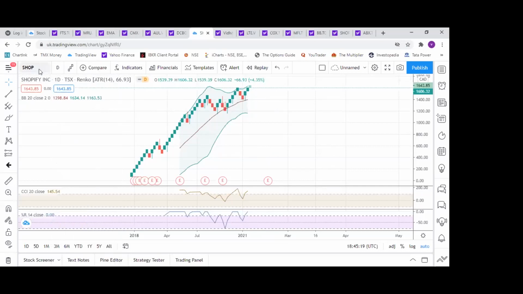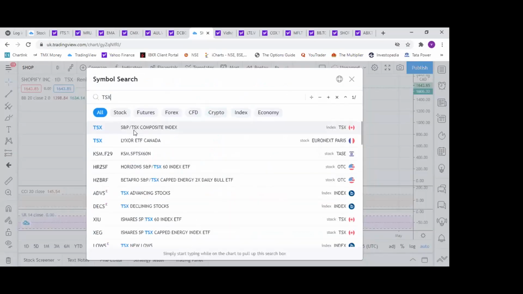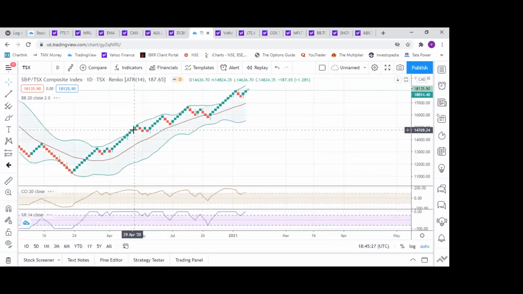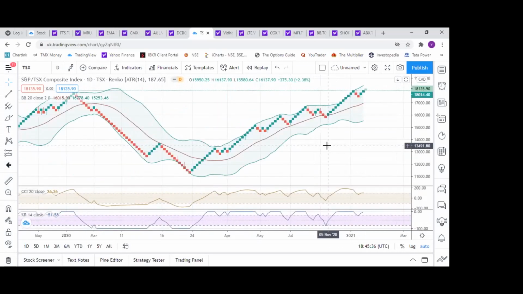Now, assumingly, if I am not doing Shopify, let's say your index, if I'm doing index trading, if I'm doing index on TSX, 23rd of March, red Renko, 24th of March, green Renko, the high is 11,634.